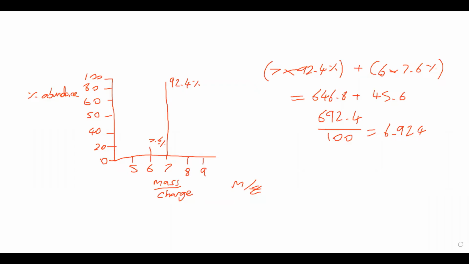So we also need to be able to do this when we have an abundance greater than 100 as well, because that was a percentage that we saw. It was the percentage abundance, but we can also get a reading from a mass spec where we just have relative abundance. So this is just intensities relative to each other, rather than being set to be a cumulative 100.